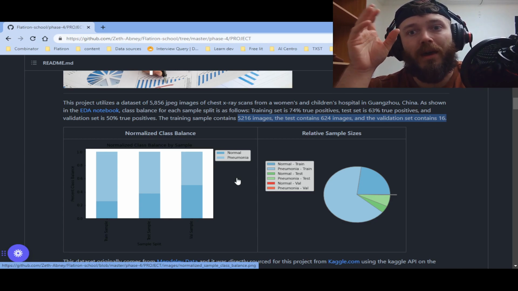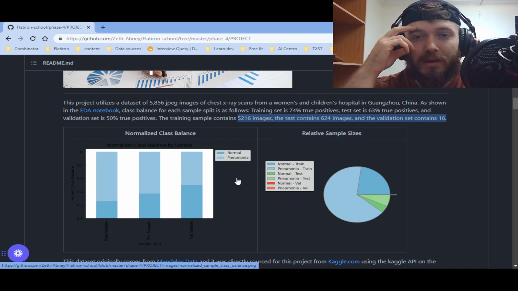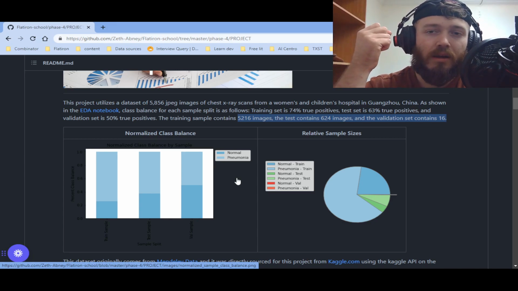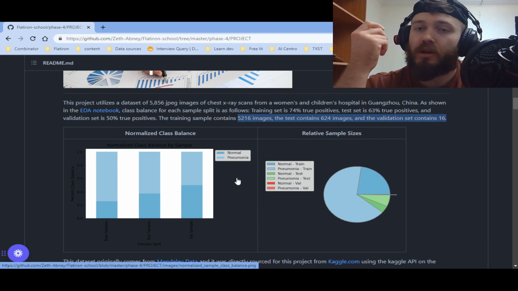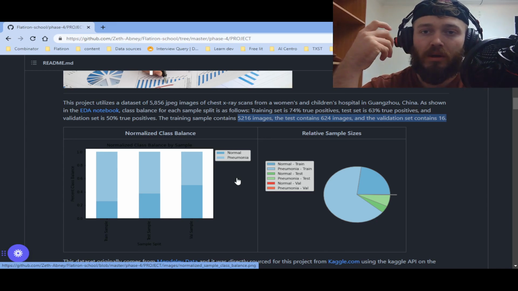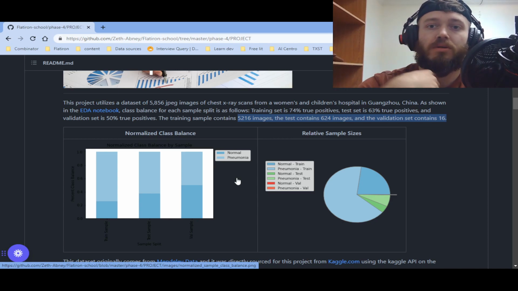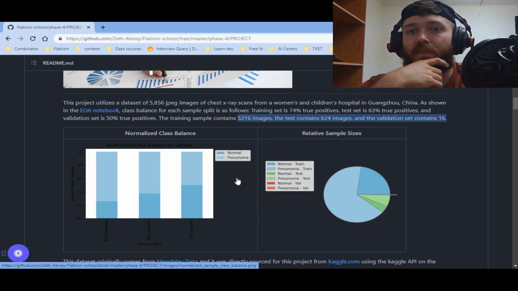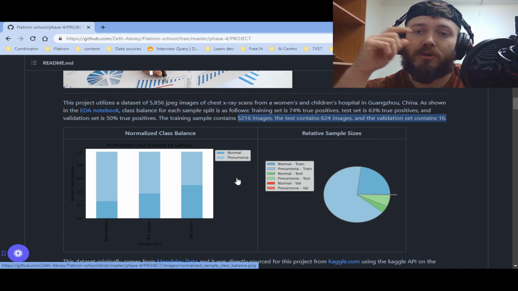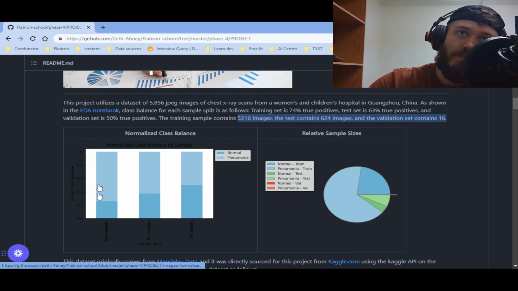So that combined with the fact that this data set was taken of, if you're getting a chest x-ray scan, there's already a strong assumption that we know you're ill, and that the illness is something to do with your middle or lower respiratory tract, lungs, trachea, all that stuff. So the fact that these people are getting chest x-rays to begin with, combined with the fact that they're all women and children, makes this class balance, which is pretty skewed, make a lot of sense.